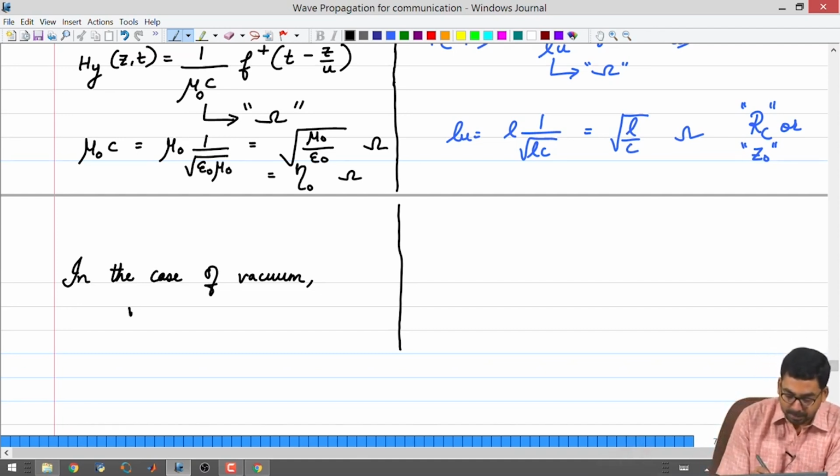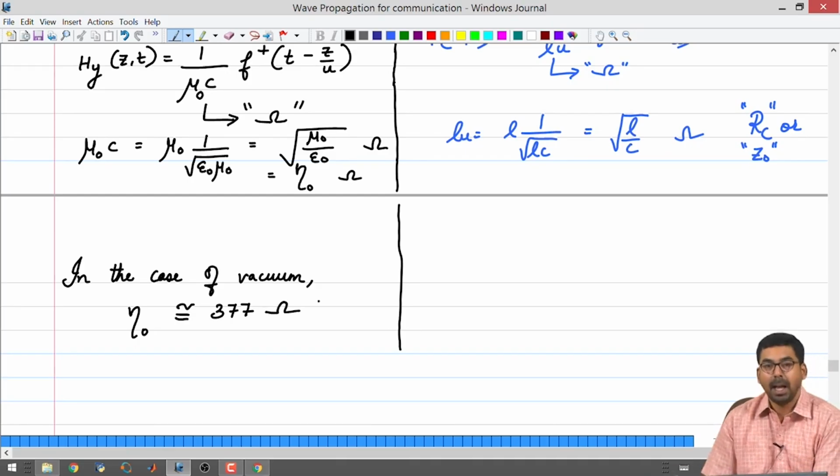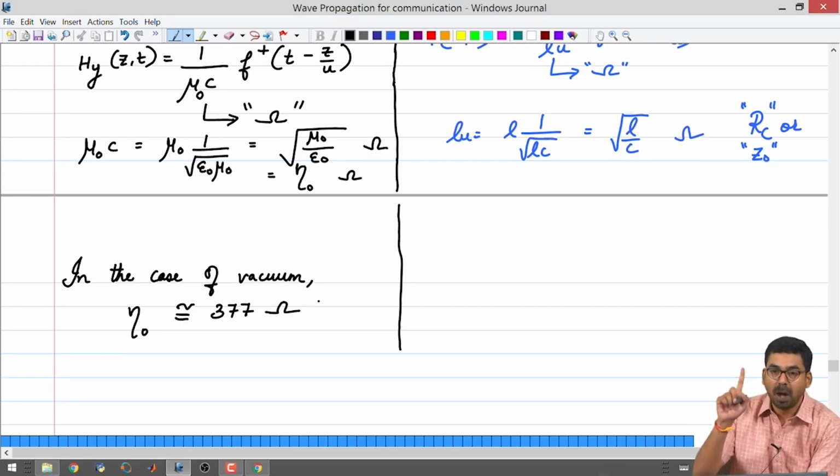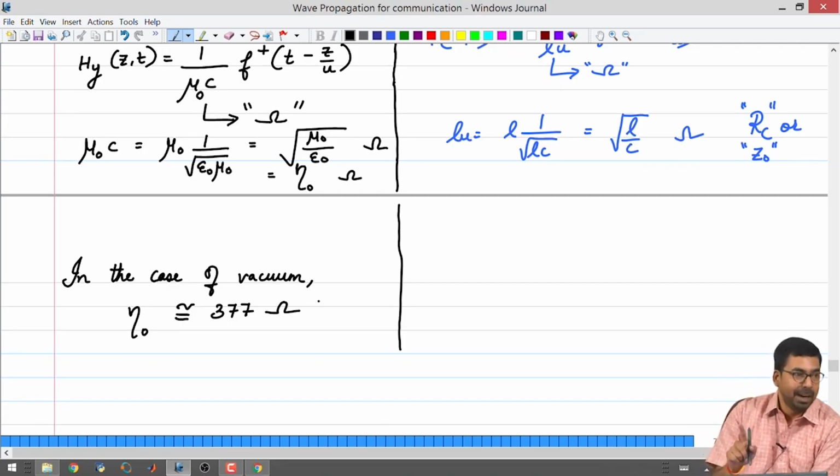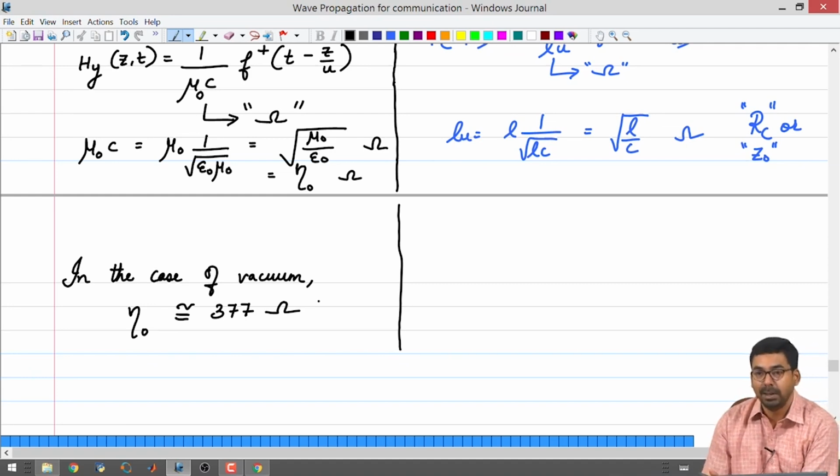Eta naught is approximately 377 ohms. So, the characteristic impedance of vacuum is 377 ohms. What this means is, if the magnitude of the electric field is going to be 1 volt per meter, you can expect magnetic field of 1 volt per meter divided by 377 ohms.